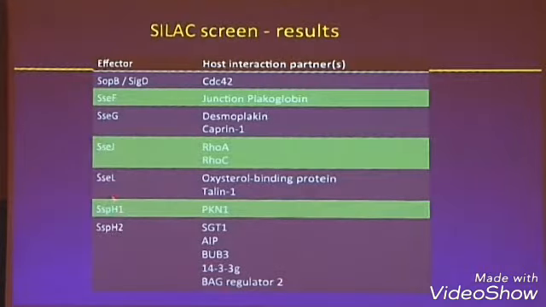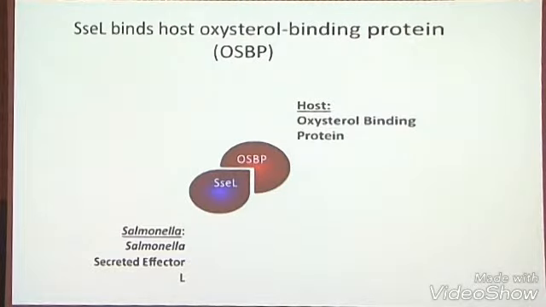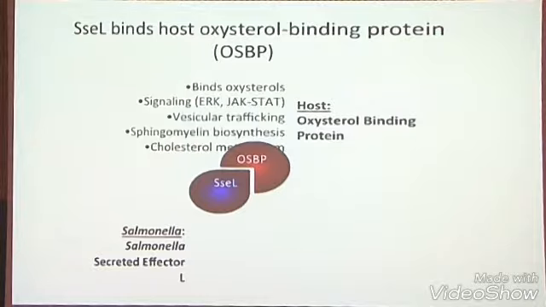The one we focused on, for the sake of this story about lipid droplets, is a SPI-2 effector called SseL. It turns out it bound a protein called oxysterol-binding protein, OSBP. This is a host protein, and it's thought to bind oxysterols, so that might be a clue in terms of lipid.